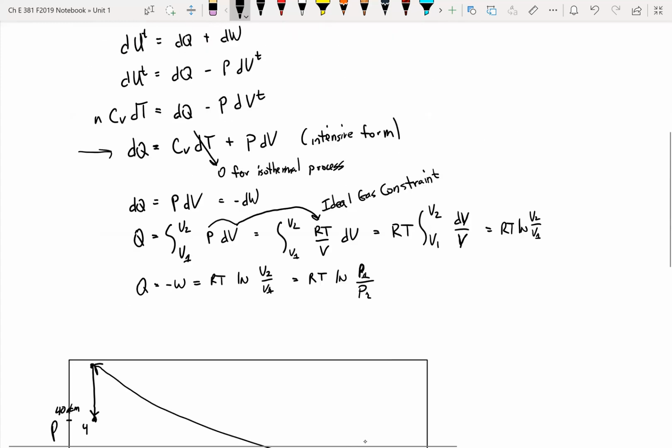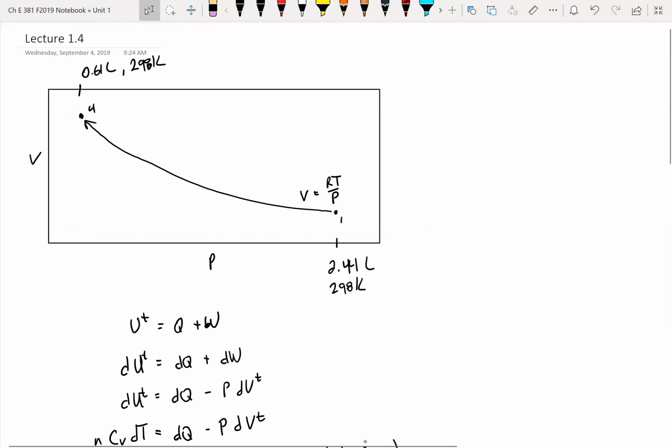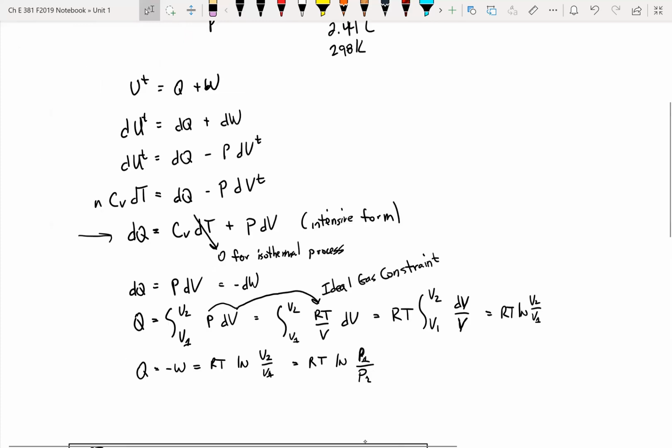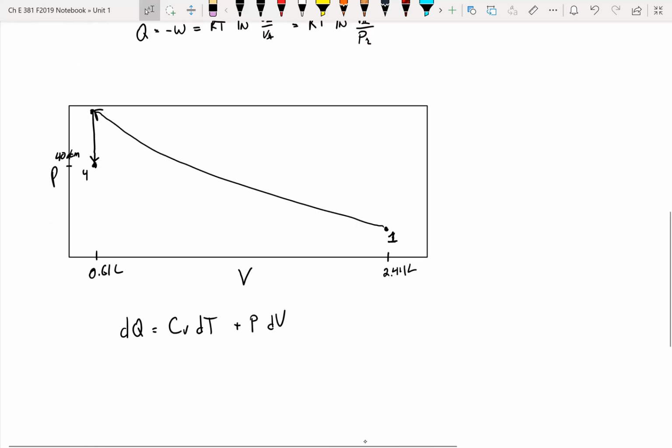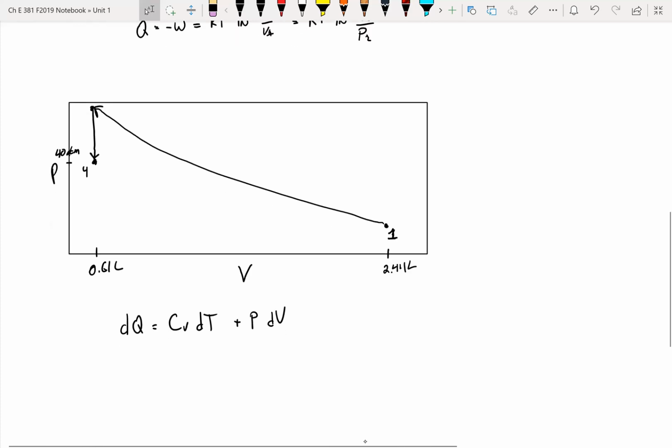If I want to go directly from 1 to 4 and have the initial and final temperature be the same, then the water bath way is how I want to do that. If I do it too fast, even with a water bath, that heat isn't going to have time to escape, and so it's going to overshoot temperature-wise. And if I do it quickly enough or I'm well insulated enough, it's going to approximate a perfectly adiabatic system.